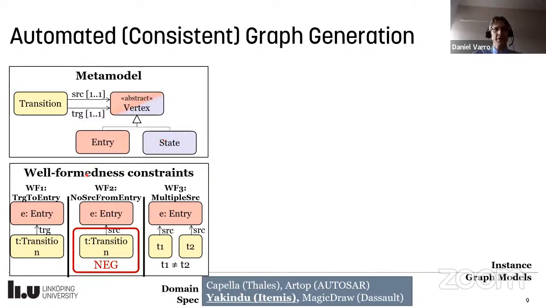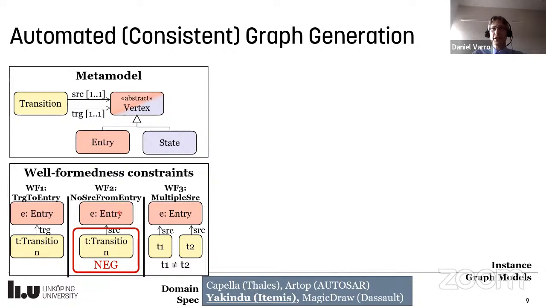And now we have well-formedness constraints capturing, for instance, that the entry node shouldn't have more than a single outgoing transition. We shouldn't lead an edge to the entry node of a state chart. And it's also not a valid state machine if the entry node doesn't have an outgoing transition. So that's the three simple constraints.